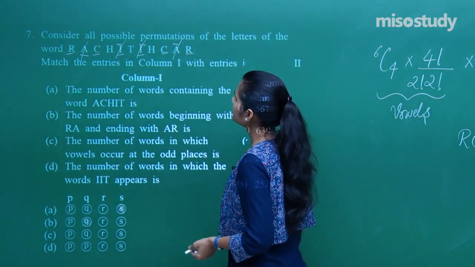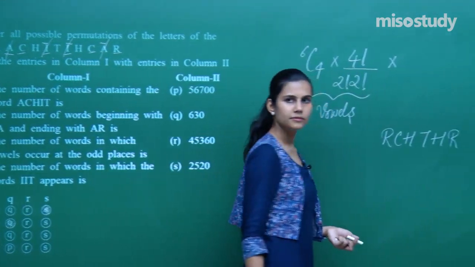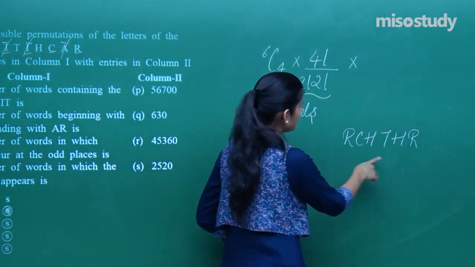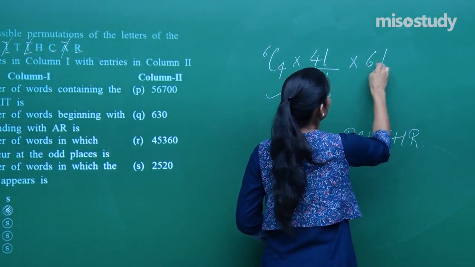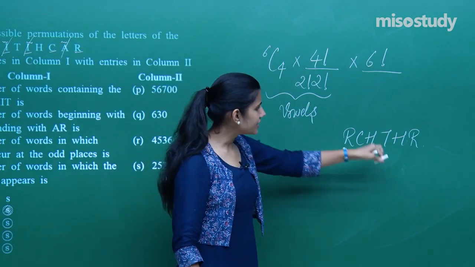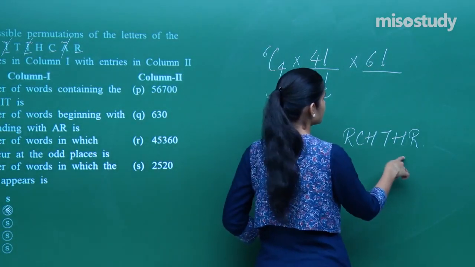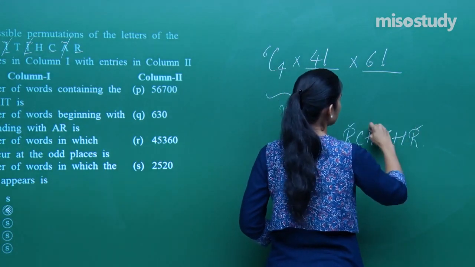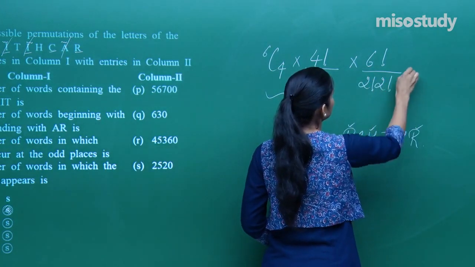I am left with R, C, H, T, H, R. Right? Now that I am left with this, 1, 2, 3, 4, 5, 6. If vowels can be arranged in odd places in these many ways, remaining letters can be arranged in the remaining places in how many ways? 6 factorial upon, so there are 2 R's and there are 2 H's, so 2 factorial into 2 factorial.